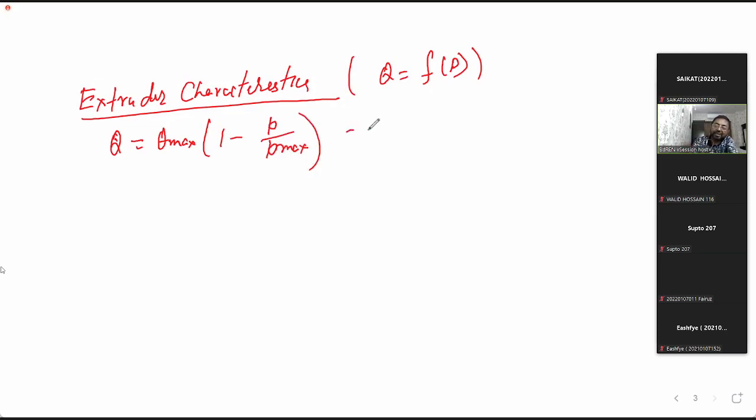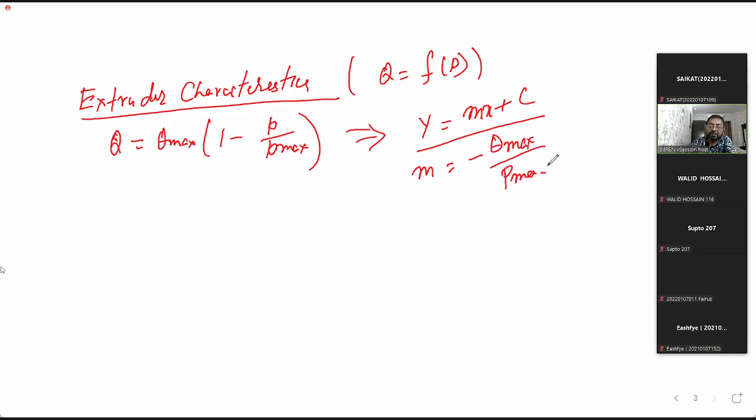So if we indicate it, y is equal to mx plus c, we can see that it is a straight line equation, where m is equal to minus Q maximum by P maximum, and c is equal to P by P maximum.